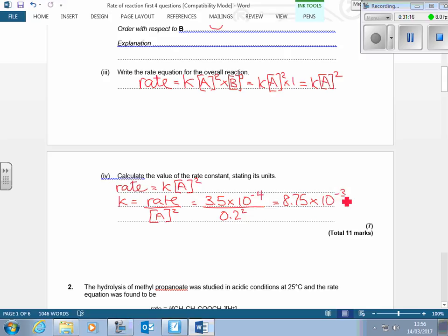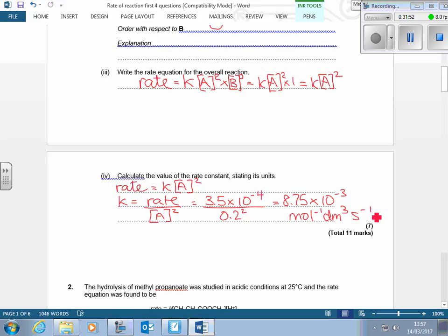And the units for that. Because it's a second order reaction, the easiest way to do it is go back to last week's notes or read it off here. We went through the whole performance of actually working out the units. But for a second order one, you've been given them on here, so it's actually moles to the minus 1, decimeter cubed, seconds to the minus 1.